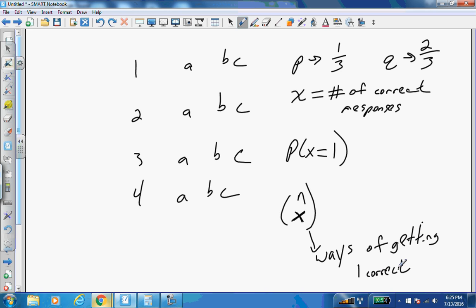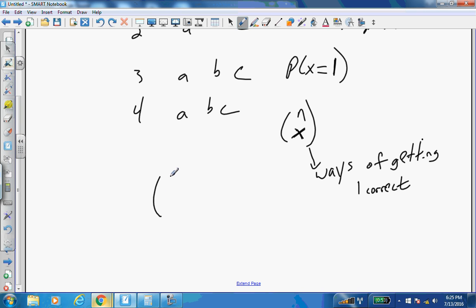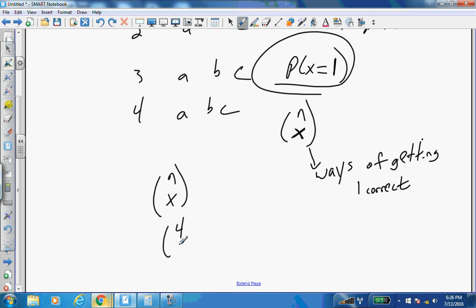So in our case, if we're wanting to find the probability of x equal 1, we have 1, 2, 3, 4 trials, and we're looking for the probability that x equals 1. That means that out of the 4 trials, we get one correct. So when we do n choose x for this situation, 4 trials, x is 1, this is telling us how many ways there are of getting one correct.